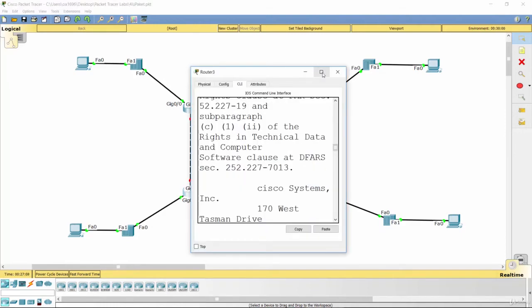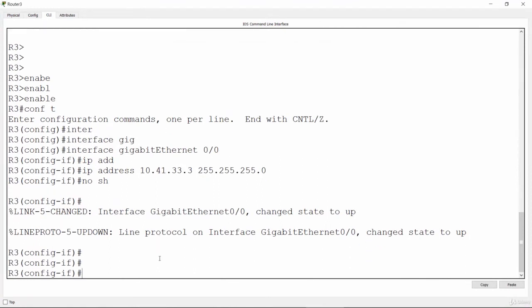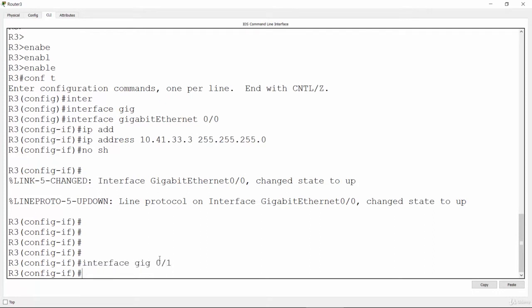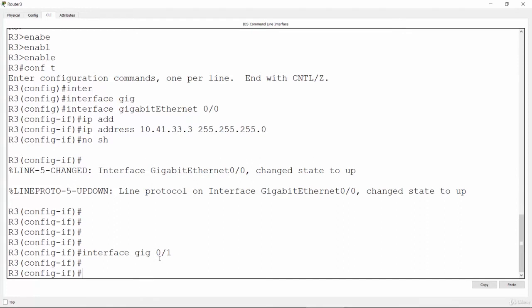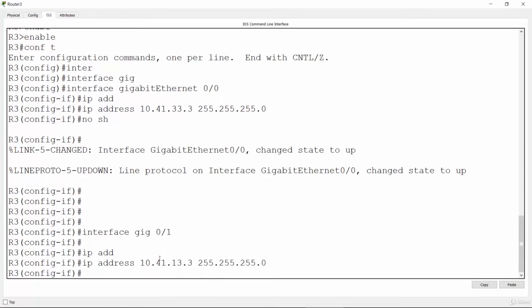Let's go to router 3 now. I'm in router 3, and let's go to interface Gig0/1, which is going to be the IP address, and no shut.